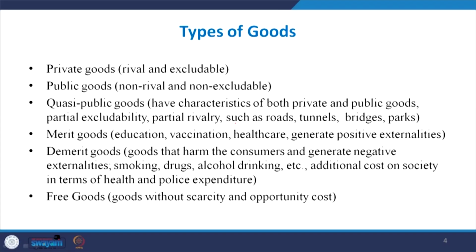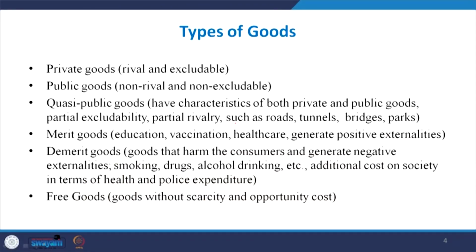The goods that harm the consumers and generate negative externalities are called non-merit goods, like smoking, drugs, alcohol drinking, etc. The consumption of these products is not only injurious for the health of the people who are consuming, but it also puts additional cost on the societies in terms of health and police expenditures, because when someone becomes a drug addict or alcoholic, he or she may also commit some crimes, and then additional police arrangement would be made. So, it would be an additional burden on the society.